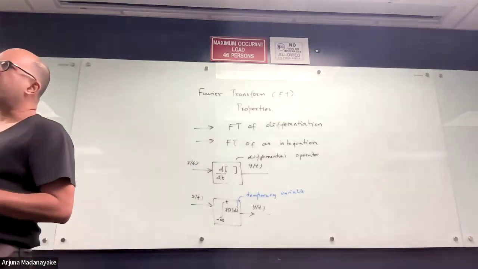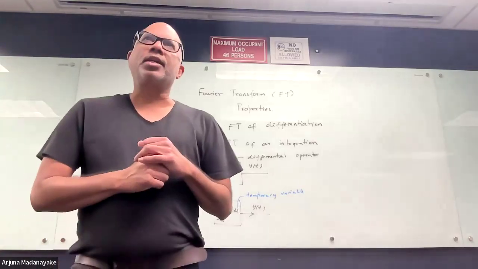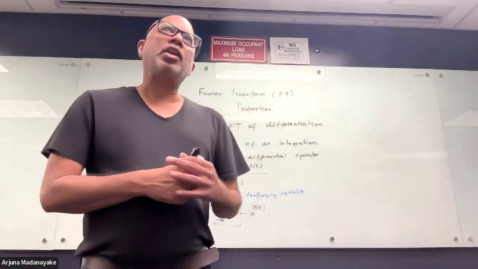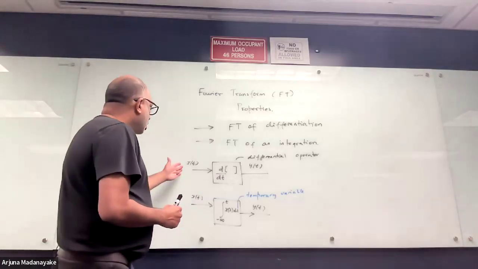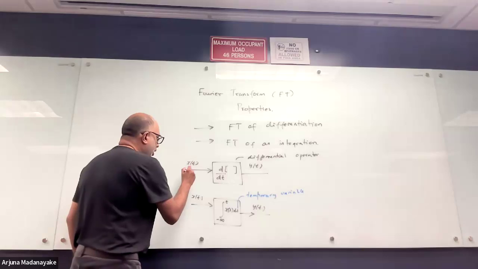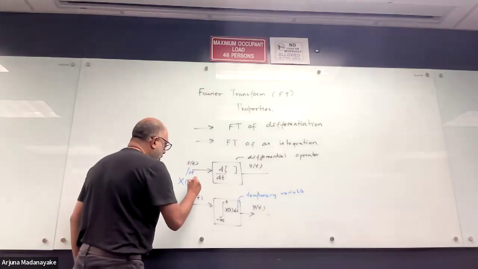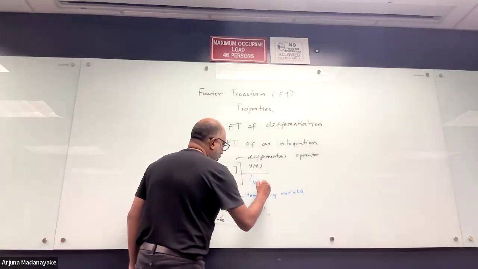So what we are trying to do is, if we have these differentiation and integration operators, which are linear and time invariant, can we find the spectrum of y of t in terms of some known quantity, the spectrum of x of t? So the question is, if x of t has a Fourier transform capital X of f, what is the Fourier transform Y of f?